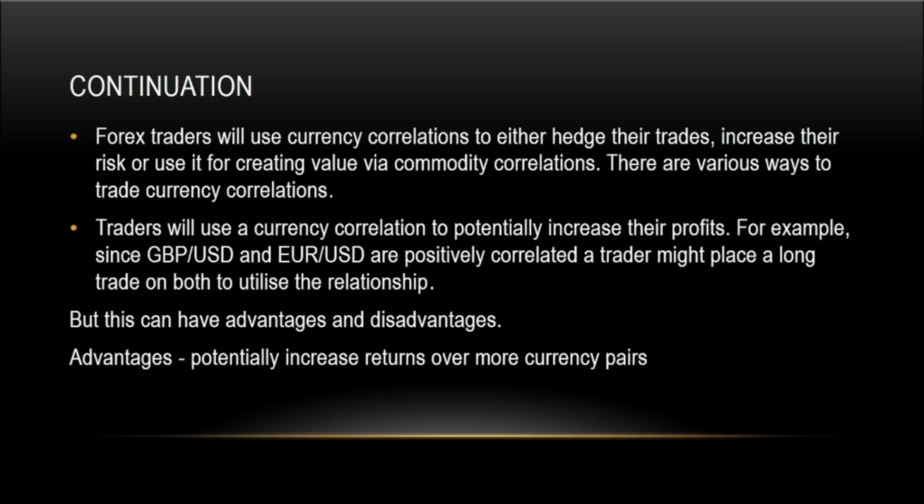But we do also have advantages and disadvantages of pair correlations. The advantage is that it can potentially increase returns over more currency pairs. This means that if you already know that GBP USD is going to buy, you can also buy Euro USD in its support zone and increase your lot size and risk more on Euro USD.